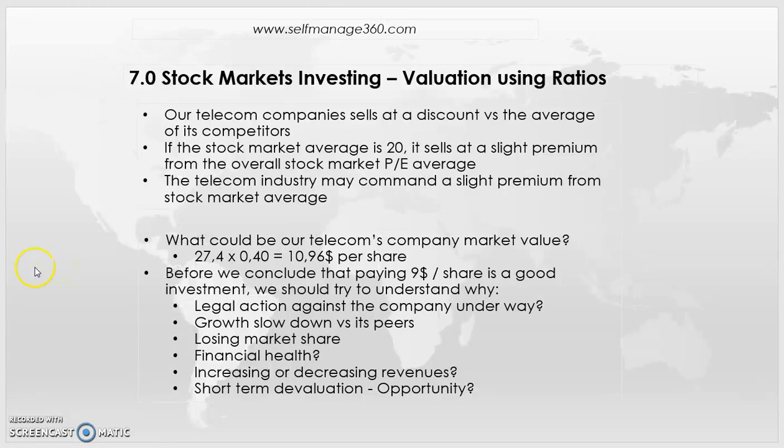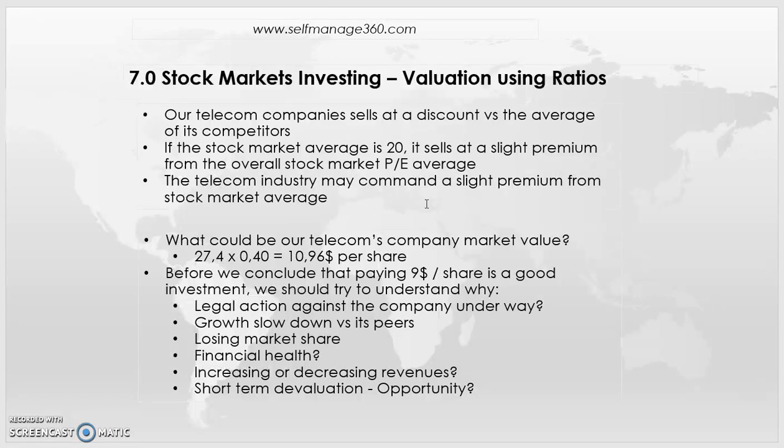So to be able to use that model, obviously the calculation of the price to earnings of its competitors is straightforward. Price to earnings of its competitors will be provided by one click on financial websites. So it's an easy and quick way to do it. But before concluding that the company is undervalued compared to its peers, we just need to make sure that there are no fundamental reasons why.